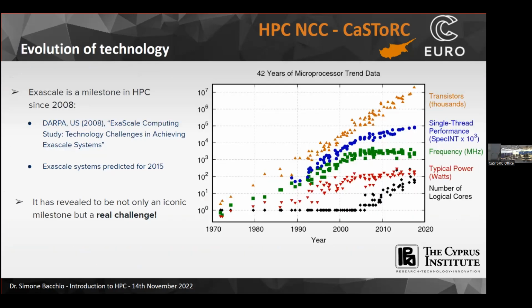But then hardware limitations came about, and for instance, the frequency, for physical reasons, cannot be increased much beyond the order of 5 gigahertz. So it's very difficult to increase the frequency further.